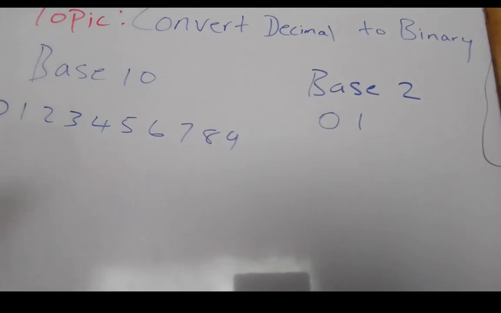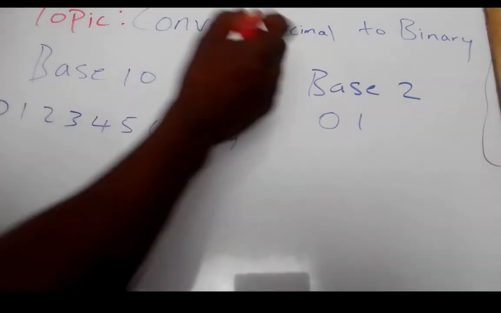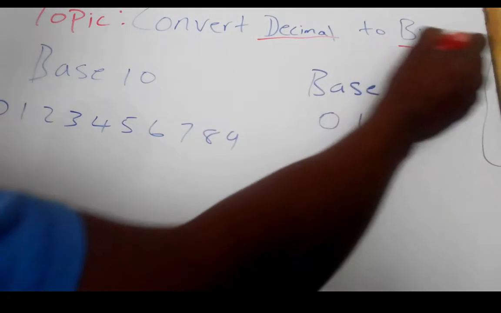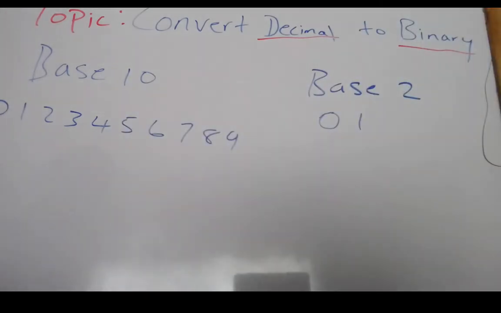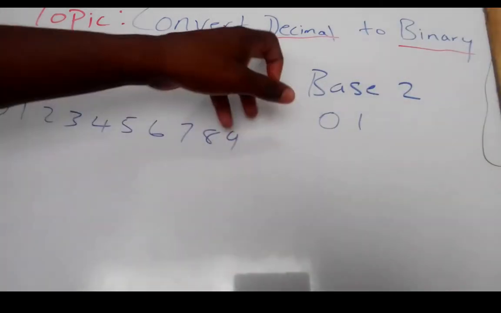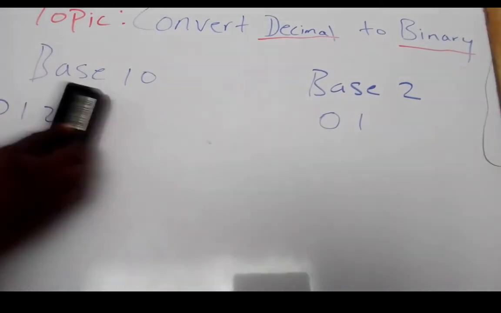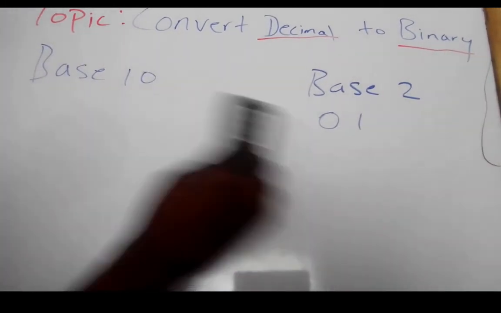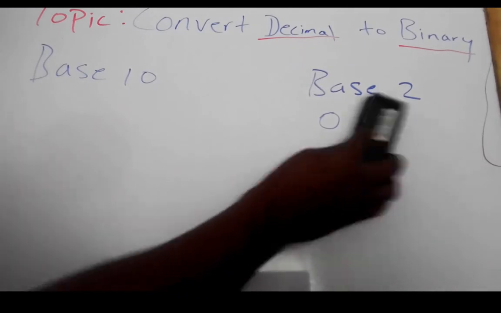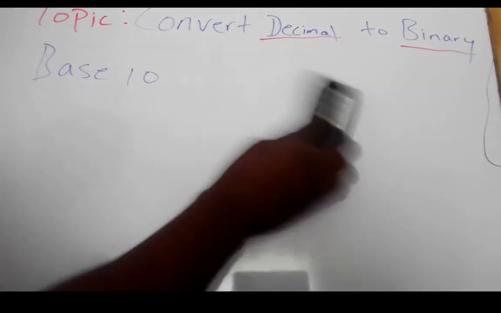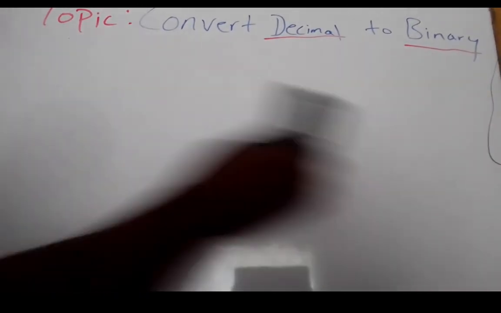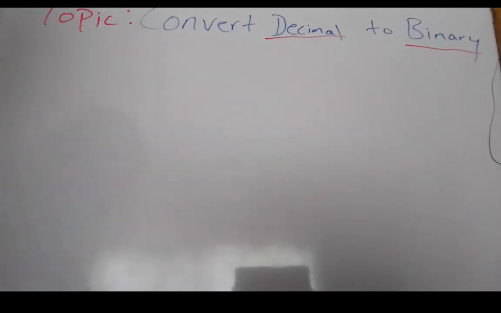So today, I am going to teach you how to convert a decimal number to a binary number. Alright, so we know that decimal is base 10 numbers and binary is base 2 numbers.